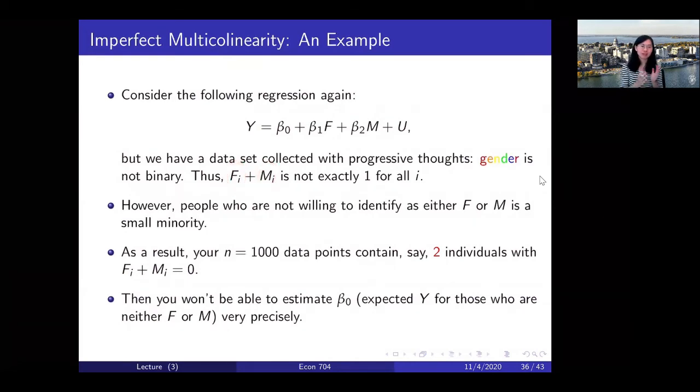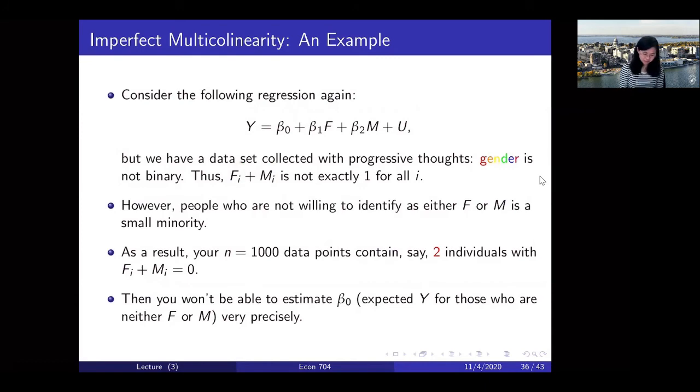There might be individuals who are not willing to be identified as either F or M. In that case, you do not have perfect multicollinearity. So Fi plus Mi equals 1 doesn't hold exactly.